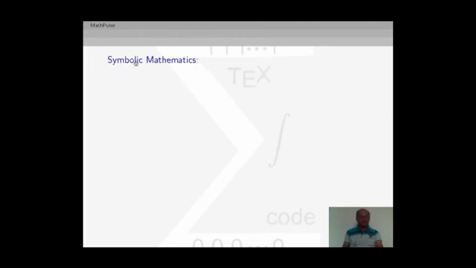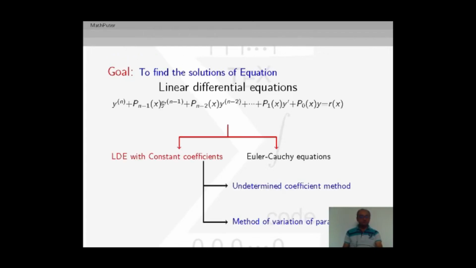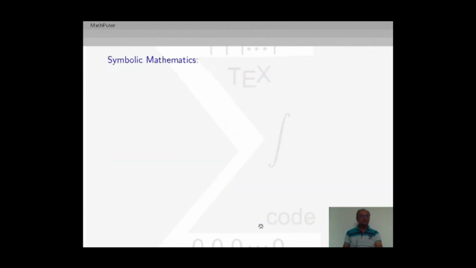Before starting these two methods, the undetermined coefficient method and the method of variation of parameters, let us discuss some symbolic mathematics. We define capital D as d by dx. So what is the meaning of dy by dx? dy by dx is capital D at point y.